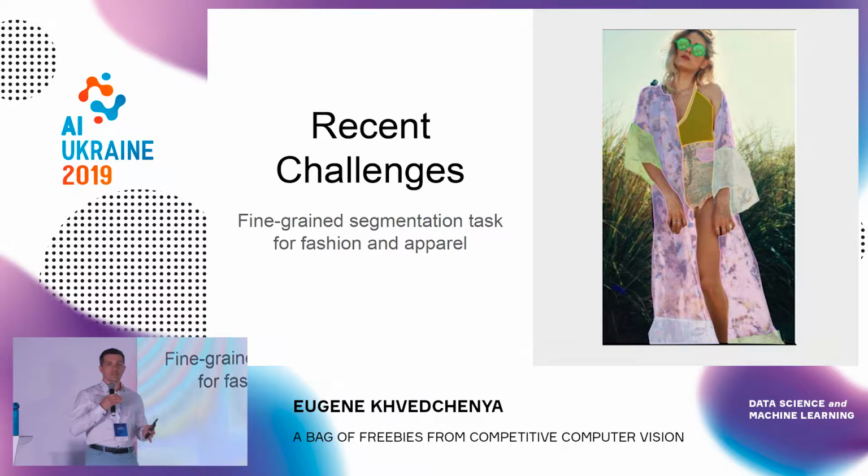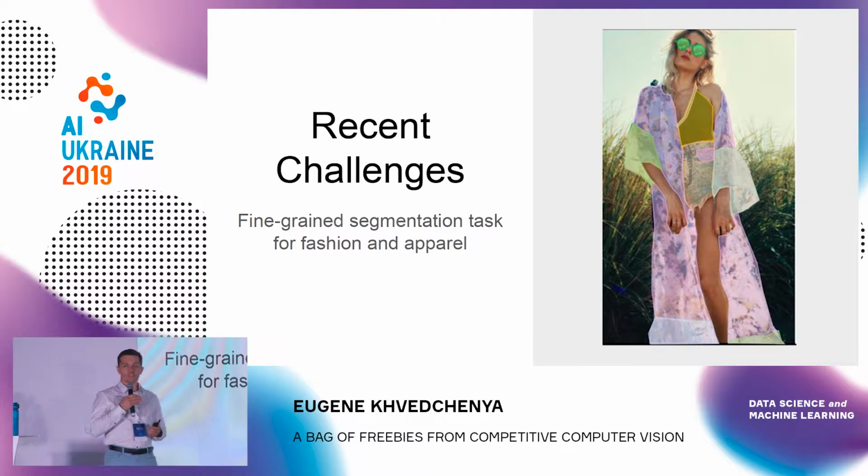Just a brief example of typical challenges that were available on Kaggle in the past half year. For instance, a fine-grained segmentation of an image to segment out items worn by a person.